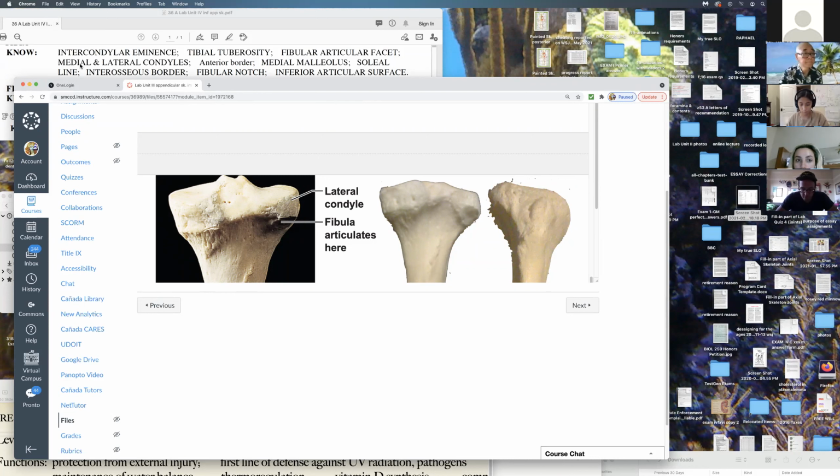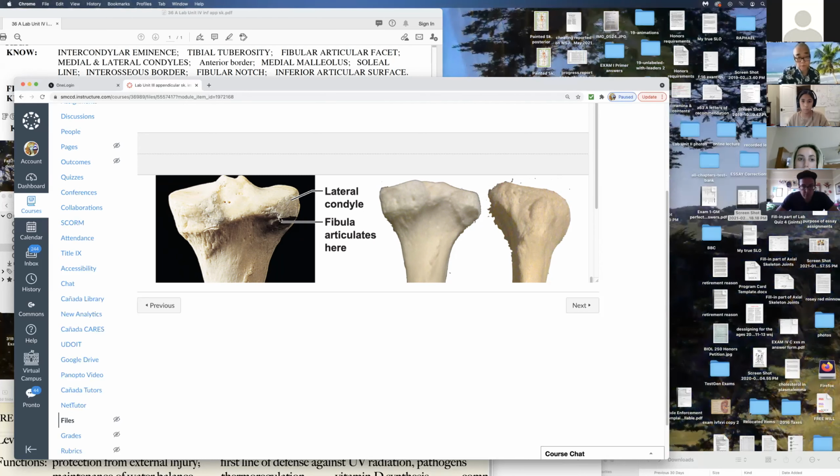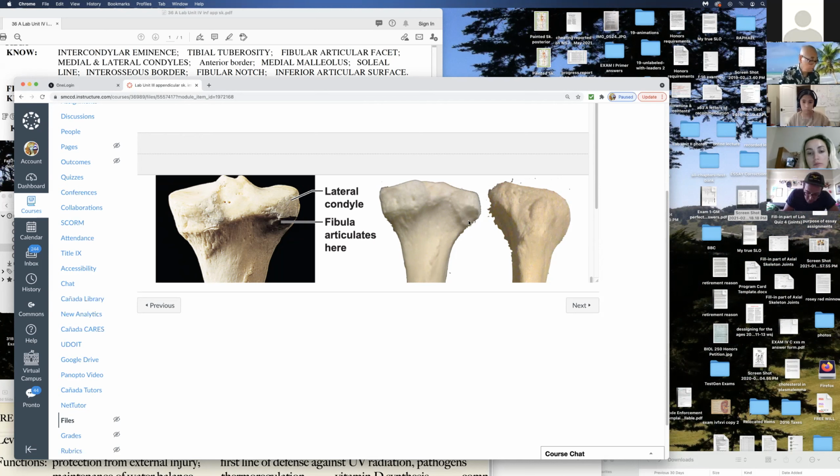Okay. And then for the lateral condyle, first thing I need them to look for is the fibular articular facet. So this item is the fibular articular facet. If the bone isn't chipped, then this item would be about the size of a nickel.